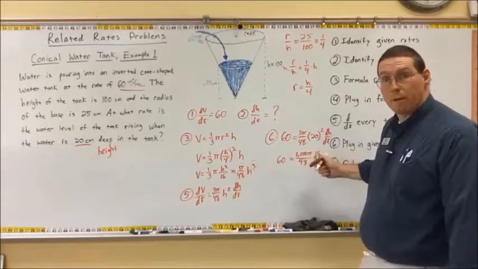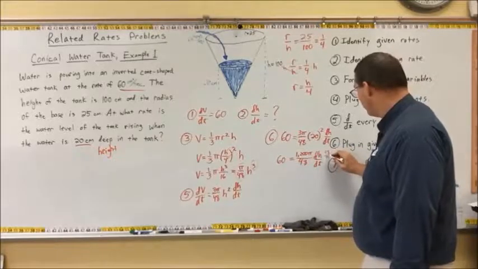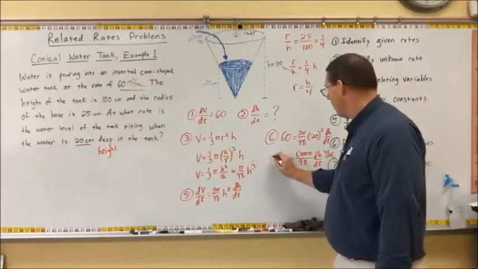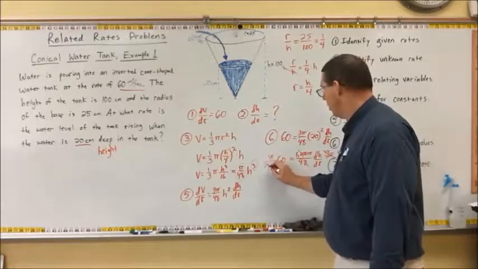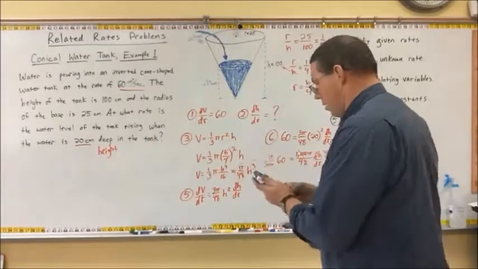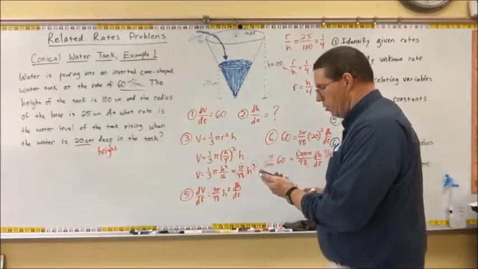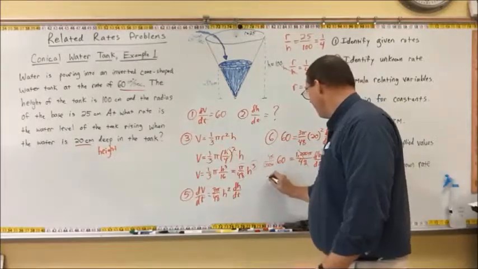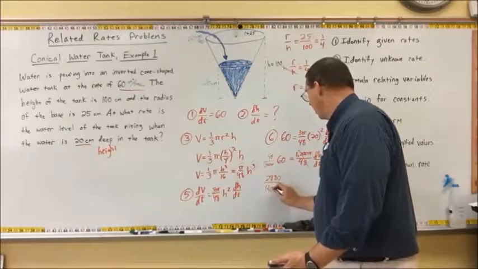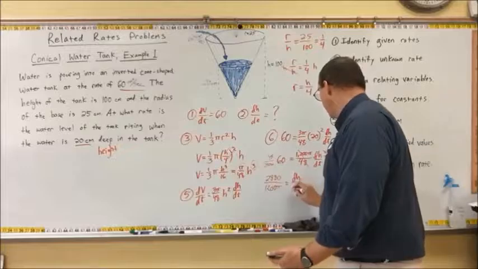If I multiply by the reciprocal, it cancels. So I'm going to do 48 over 1,200 pi, and that's going to cancel, and 48 times 60 is 2,880, so 2,880 over 1,200 pi equals dh dt.